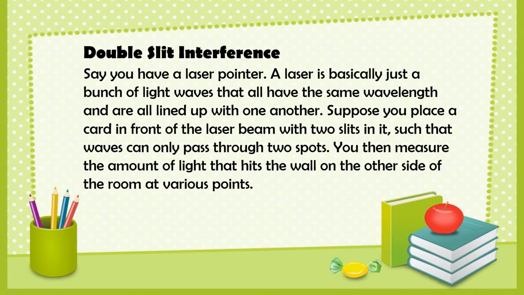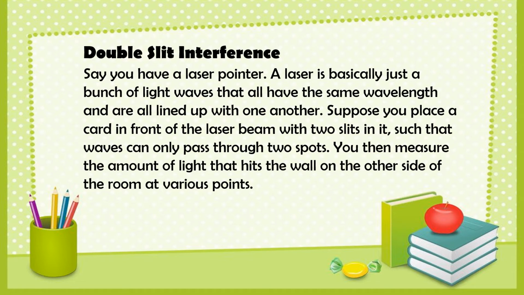Okay, so double slit interference. Say you have a laser pointer. Try to imagine you have a laser pointer. A laser is basically just a bunch of light waves that all have the same wavelength and are all lined up with one another.